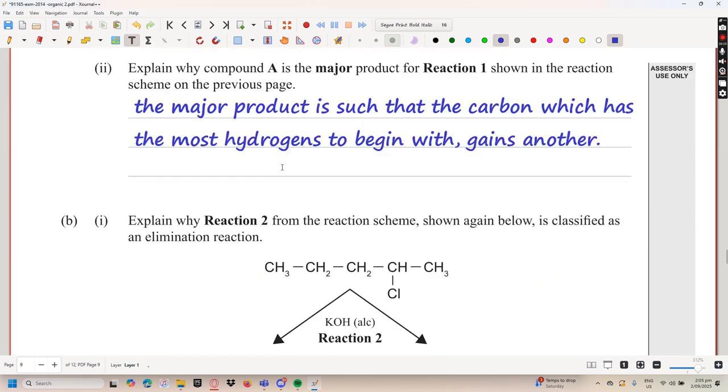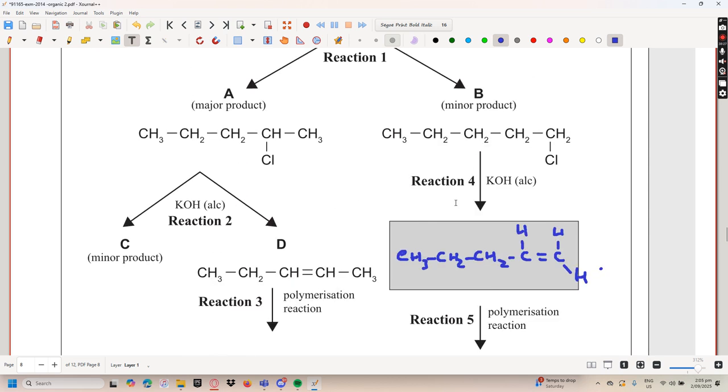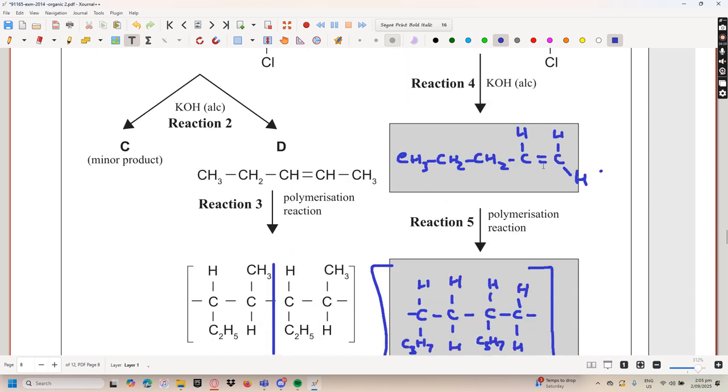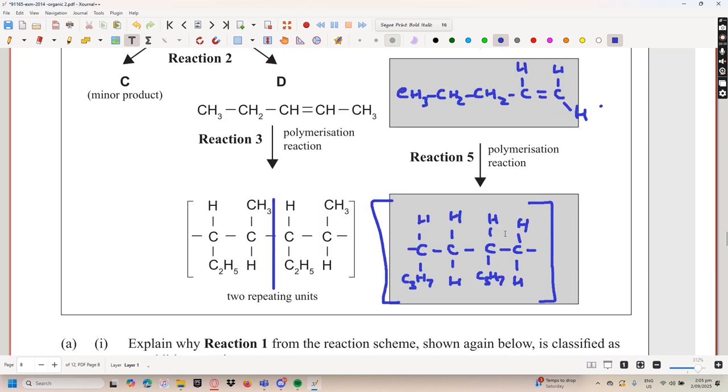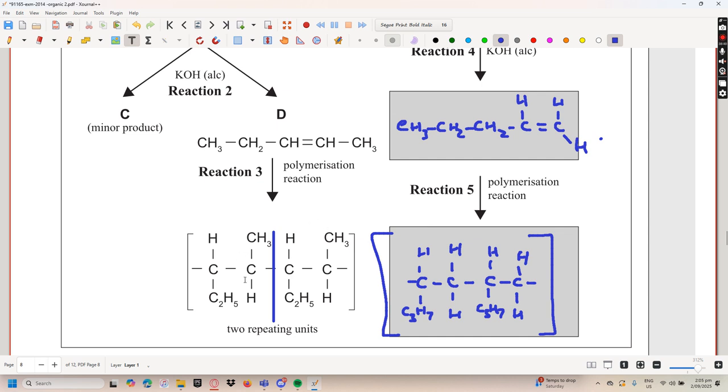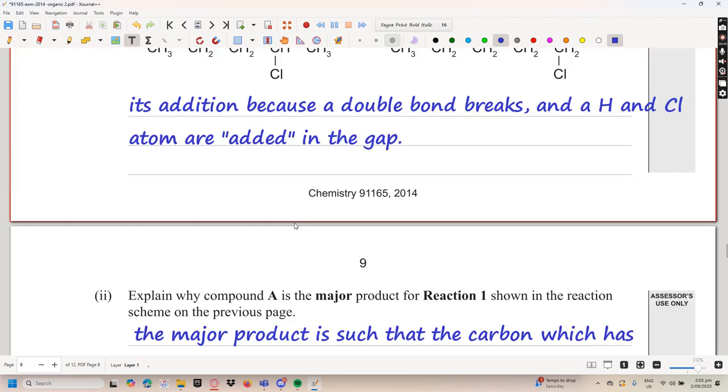Now, why are these guys different? Well, let's have a look. This guy here has a carbon, the double bond on the end. This one has it in the middle-ish. So, one on the end will definitely have a double hydrogen unit, whereas the one over here can't have a double hydrogen unit. It will always have a methyl group sitting off to the top at each of these guys, like it's in the middle.